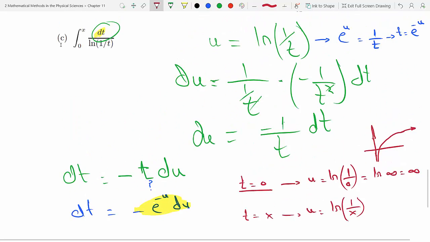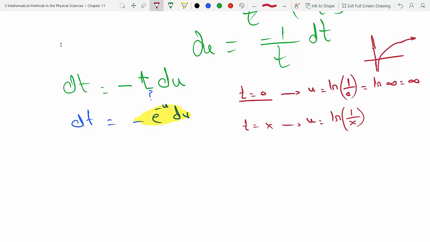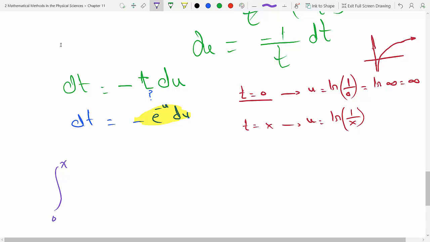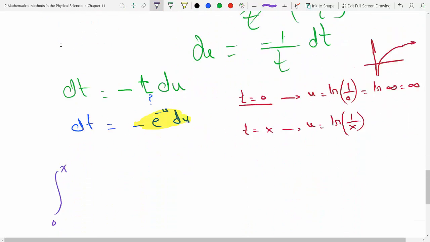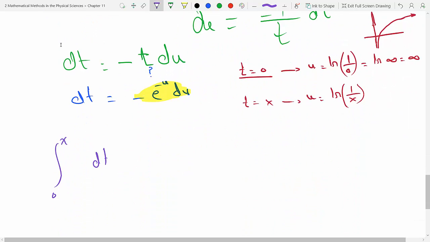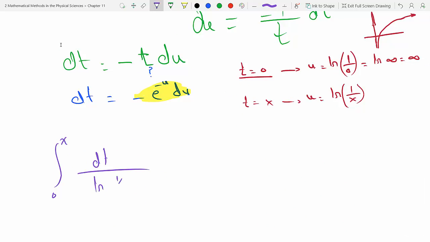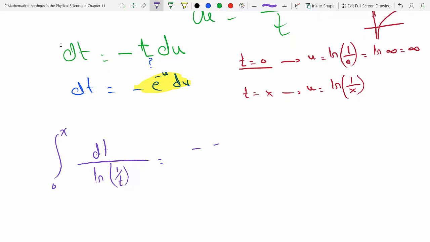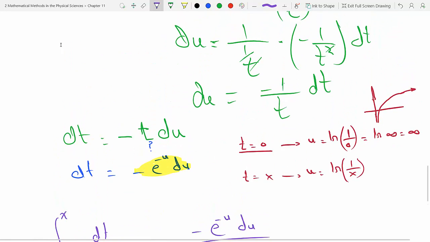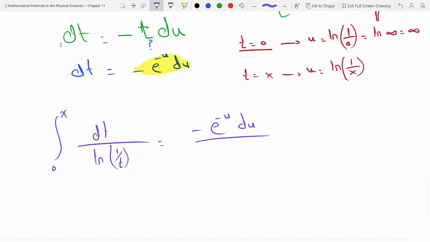And so plugging this back into the integral, the integral from 0 to x of dt over ln 1 over t. Okay, let's do the substitution now. So this is minus e to the minus u du over, we called ln 1 over t u, so this would be u.